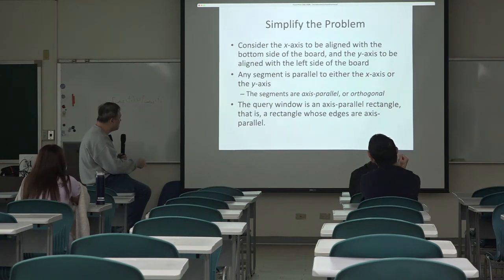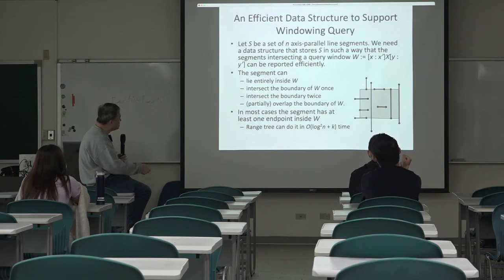The segments are axis parallel, or orthogonal. So it's going to be something like this. We are going to have a lot of these segments. Let's say we have n segments. S is a set of n axis parallel line segments.